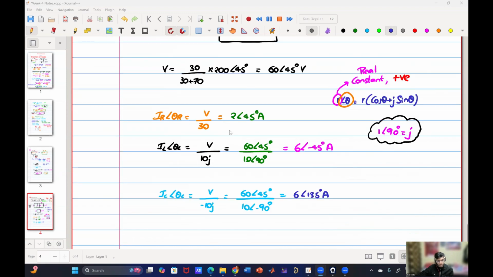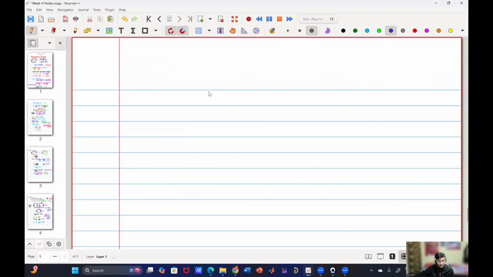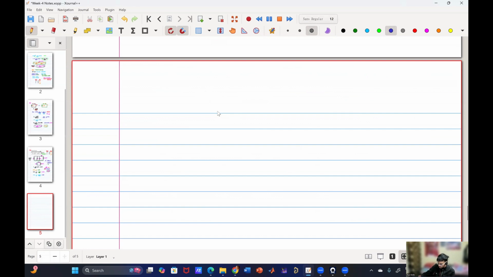So now this is one problem of solving currents. Now in this sub-problem only, there is another important concept called power. So first, let me just give the formula for power before we solve the problems on power. There is something called complex power, which is a very important concept.